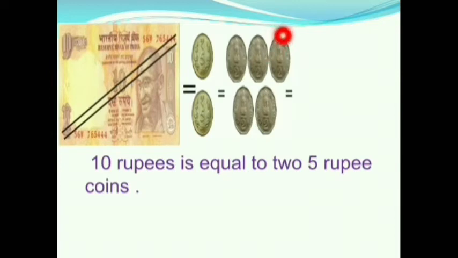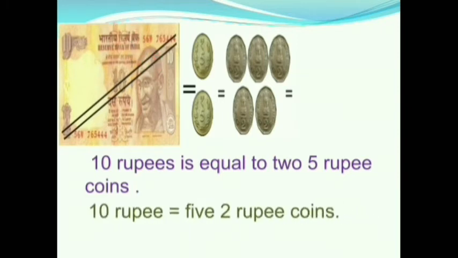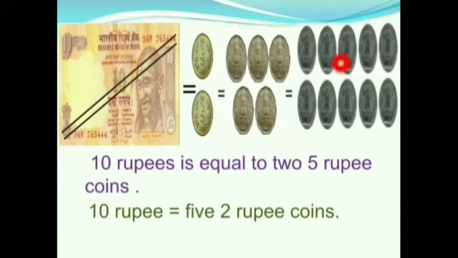Next we have five 2 rupee coins. What cost will we get when we add these five coins? Yes, 2 rupee plus 2 rupee plus 2 rupee plus 2 rupee plus 2 rupee is equal to 10 rupees. 10 rupee is equal to five 2 rupee coins. Next we have ten 1 rupee coins.